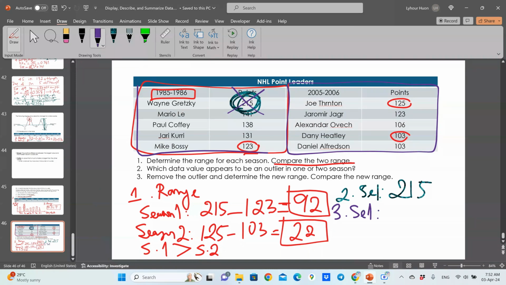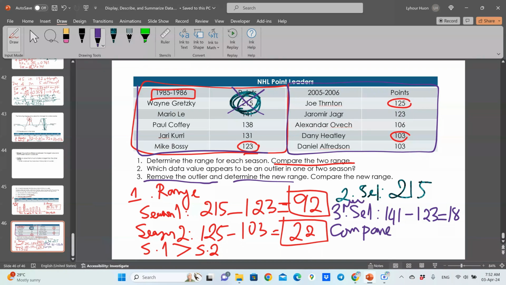So for number three, it is 141 subtracted by 123, which is 18. 141 minus 123, 18. Okay, that's good. So remove the outlier and determine the new range. This is the new range. And then compare them.